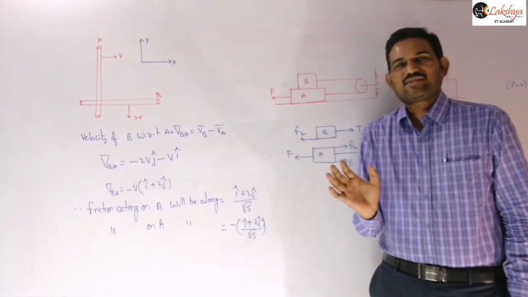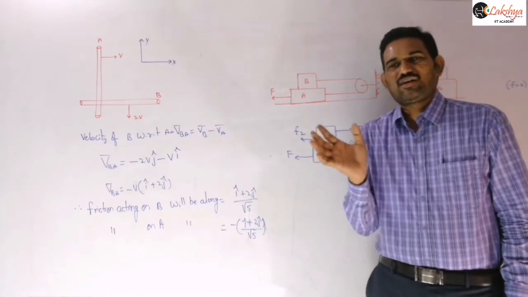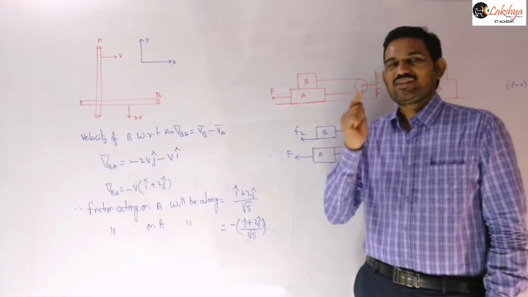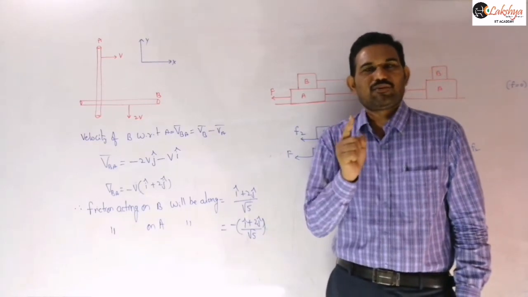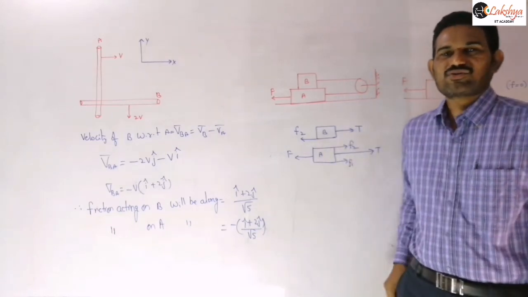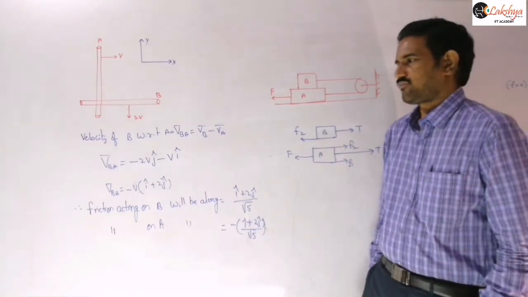So you need to analyze the situation and check how much frictional force is acting on that system. Keep in mind that when the system is at rest, you should calculate the directions as well as the magnitude of the friction carefully.